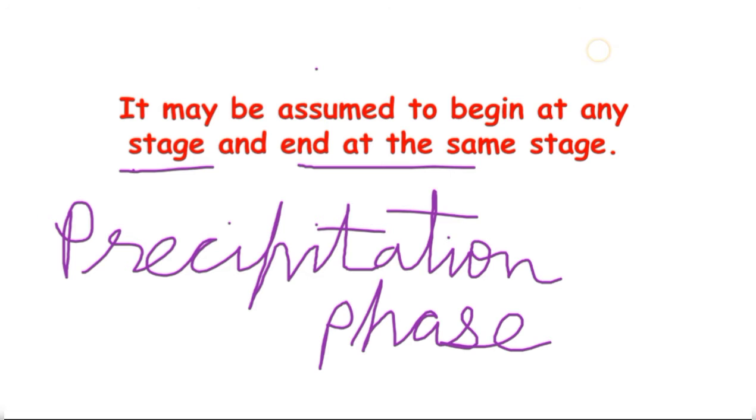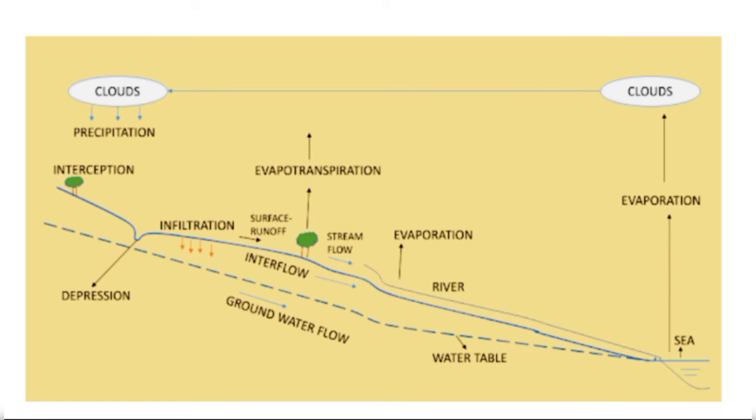Then, as we can see here, some portion of precipitation is intercepted by the trees. Then, some portion of the precipitation is used to fill the small depressions.